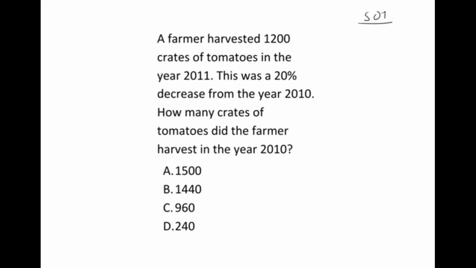We are told that in the year 2011, the farmer harvested 1,200 crates of tomatoes, and that this was a 20% decrease from the year 2010. Then we are asked, how many crates of tomatoes did the farmer harvest in the year 2010?